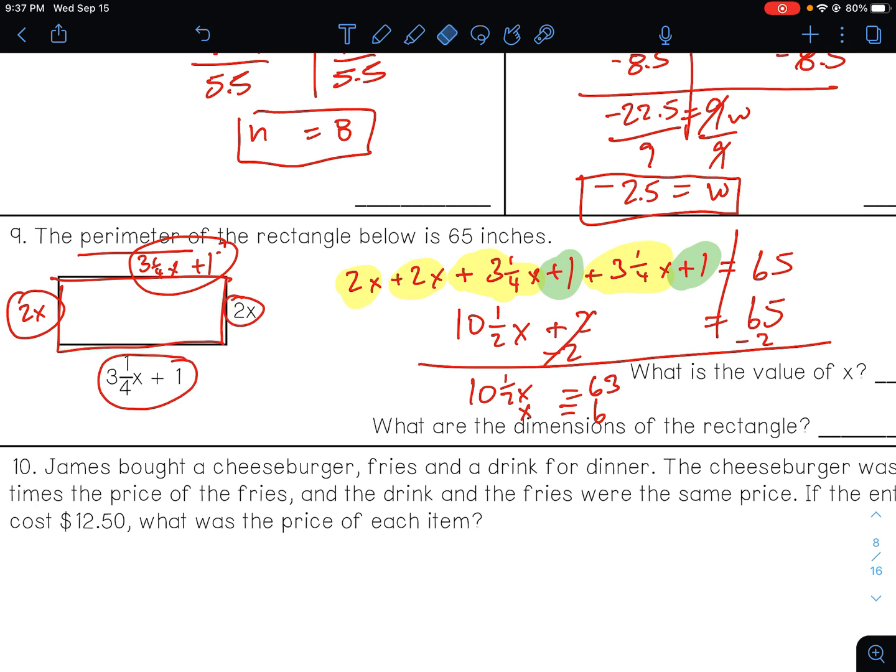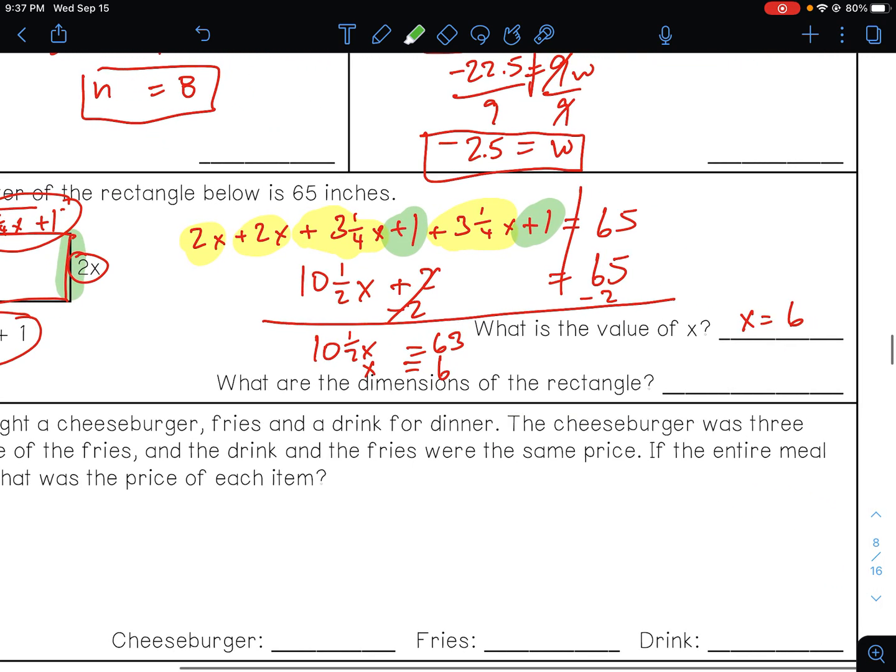The height is this number right here. It's 2x, and 2 times x is 2 times 6, because x is 6. And that means the height is 12.